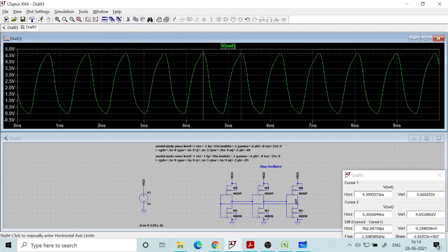So let's do that. 900 divided by 2n, which means 6. So we will get the propagation delay tp as 150 picoseconds.